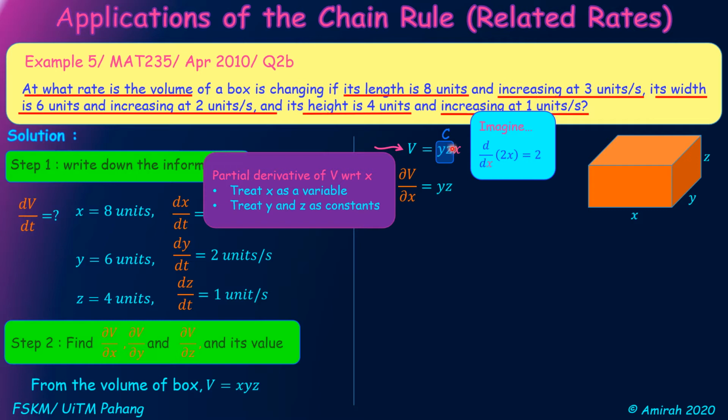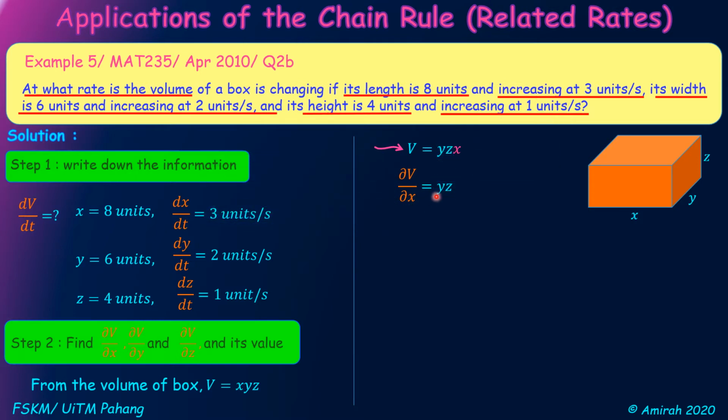Means that when we differentiate constant times x with respect to x, the answer equals the constant. Then we replace y equals 6 and z equals 4, so we get 24.